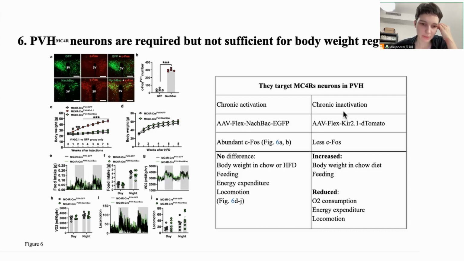They also found increased body weight, feeding, reduction of O2 consumption, and reduced locomotor activity. This data is in the supplementary data, that's why I didn't add it. Together, these results suggest that reduced activity levels of MC4R neurons lead to massive obesity, but increased activity levels of MC4R neurons do not alter body weight.